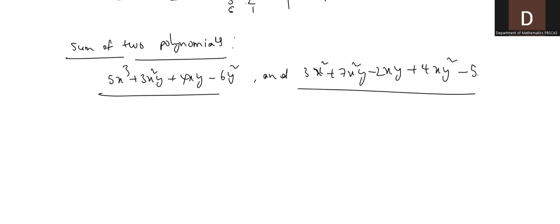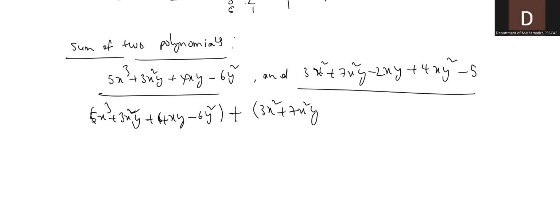Sum means plus. So put a plus between these two. 5x cube plus 3x square y plus 4xy minus 6y square in brackets, plus 3x square plus 7x square y minus 2xy plus 4xy square minus 5. That implies 5x cube plus 3x square y plus 4xy minus 6y square.